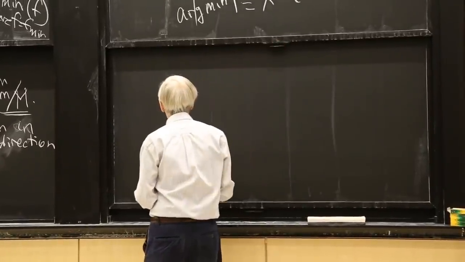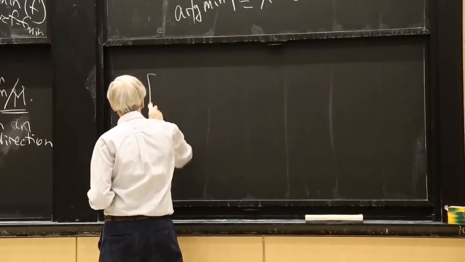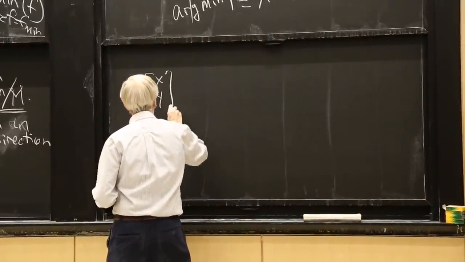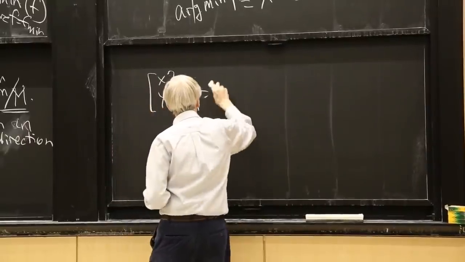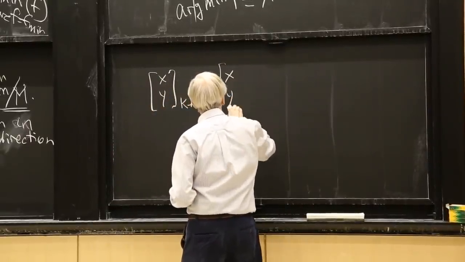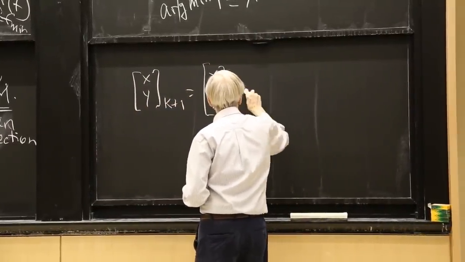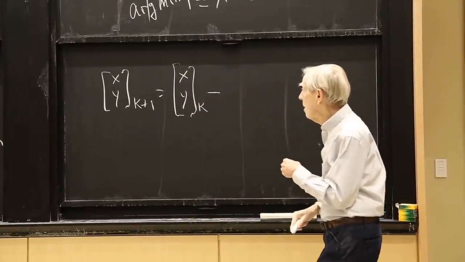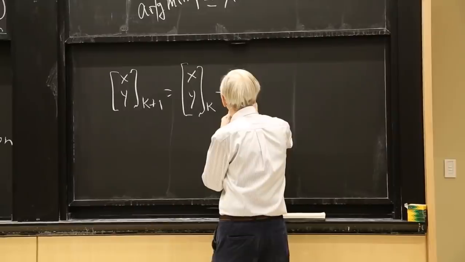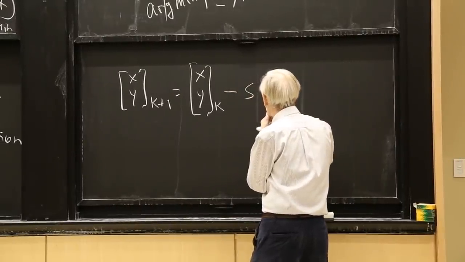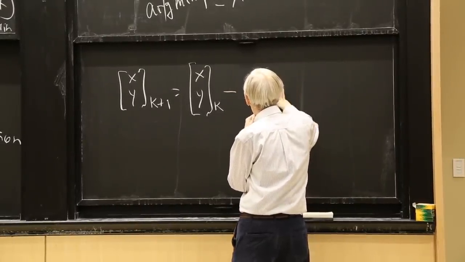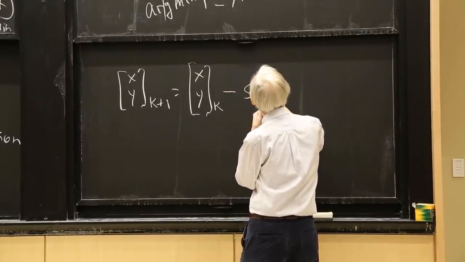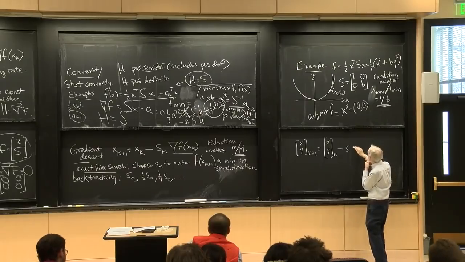So here's the new x, y at k plus 1 is x, y at k minus the s times, which I can compute, times the gradient of f. What is the gradient here?